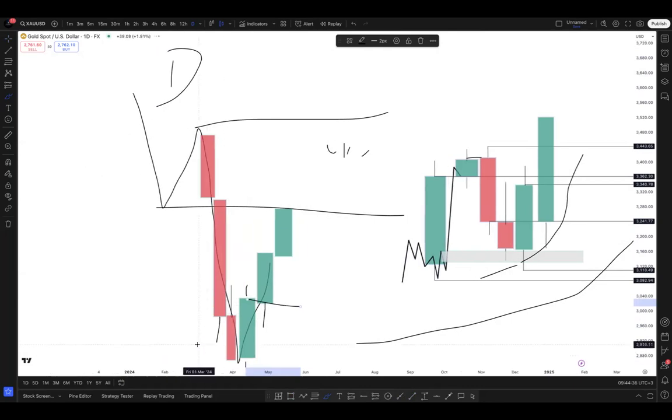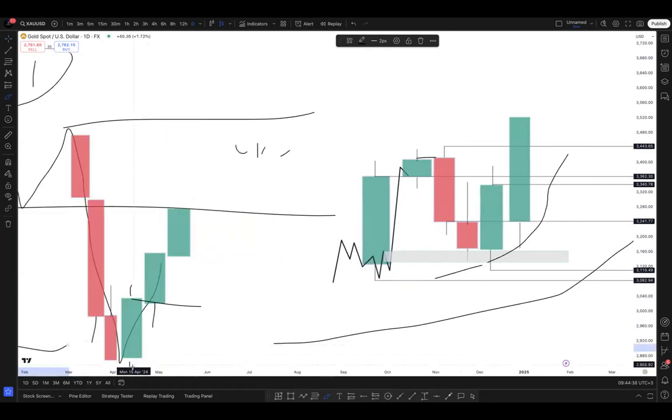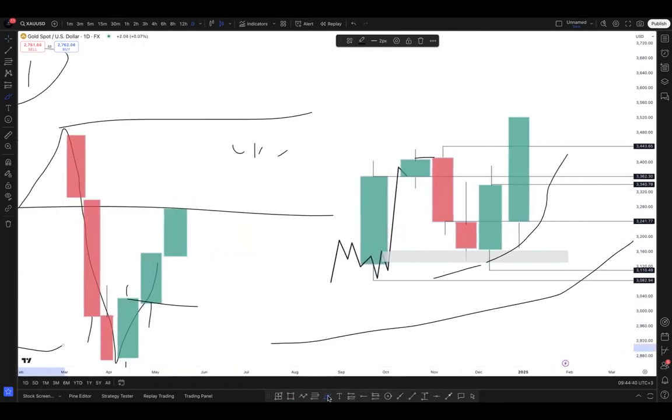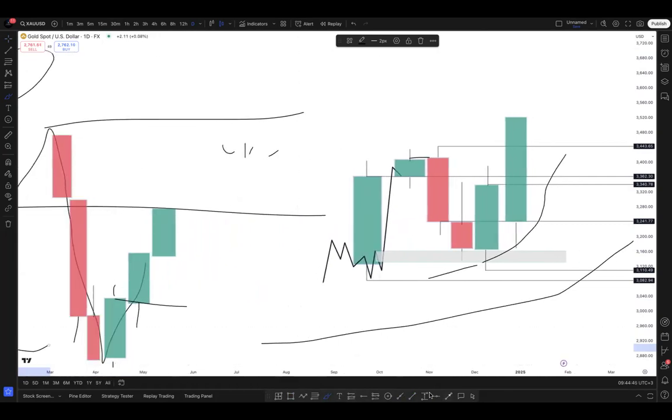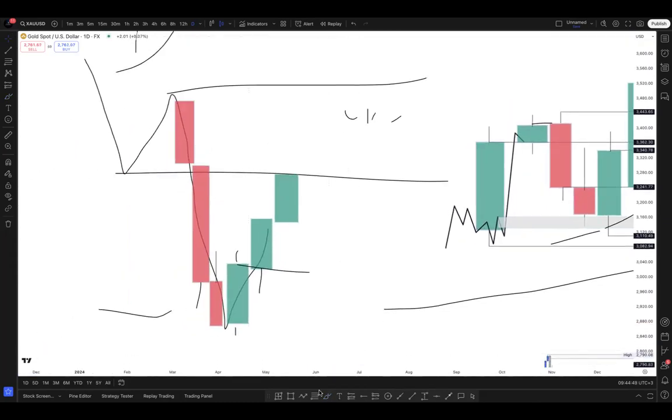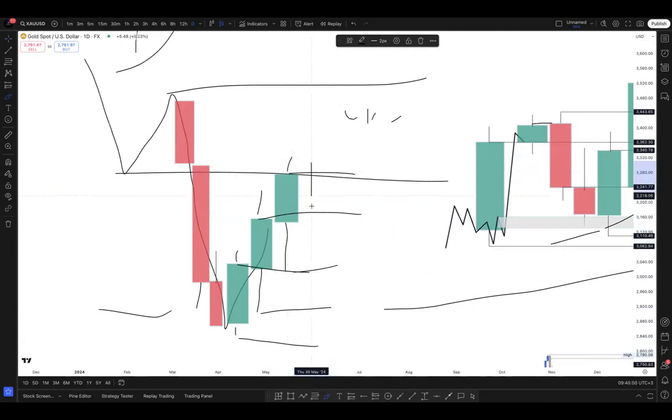Continuation into some H1 here, or with some 4-hour inside here. See, price taps in here. Then we have this other area. Price comes and taps in here. Then this other area, another candle comes in and taps in here.